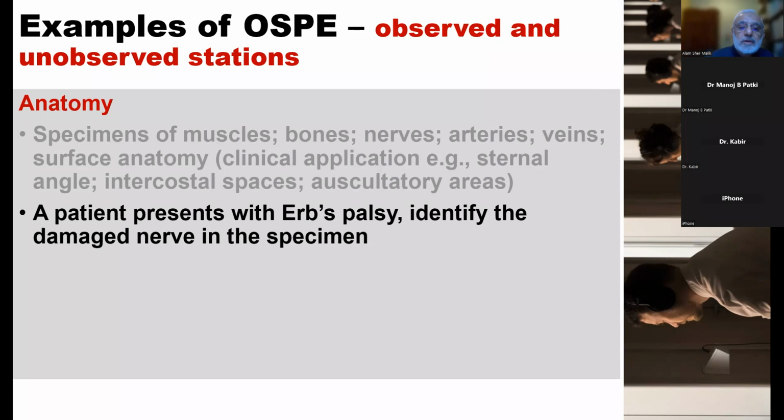This means that the student must understand what Erb's palsy is. They must understand which nerve is involved in Erb's palsy, and they should be able to identify the nerve in the provided specimen. So that becomes one OSPE in anatomy.